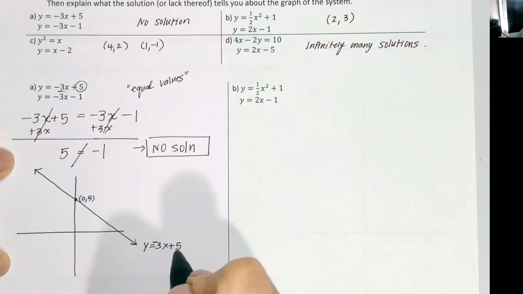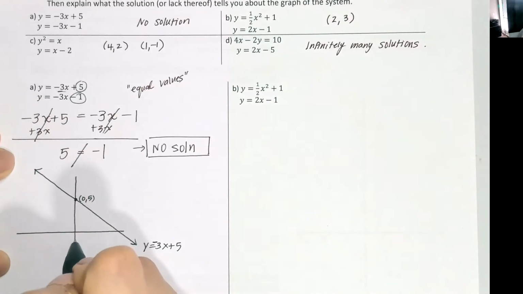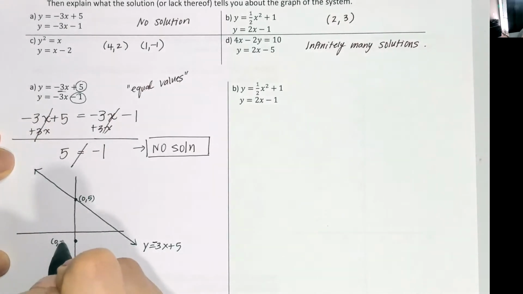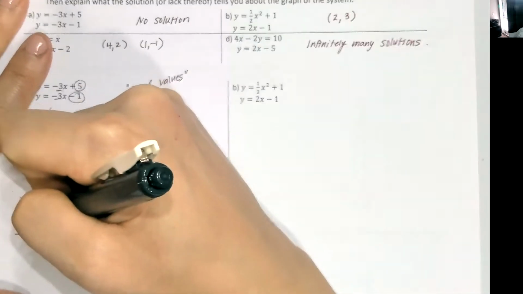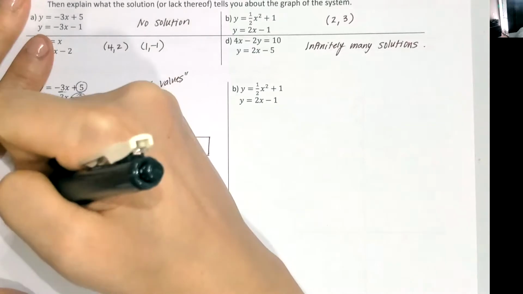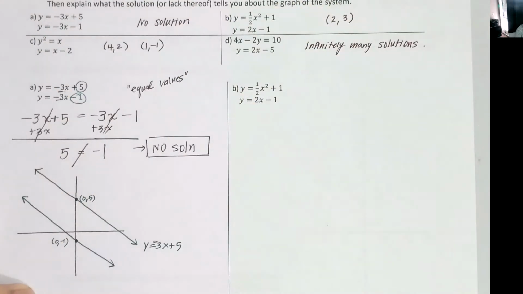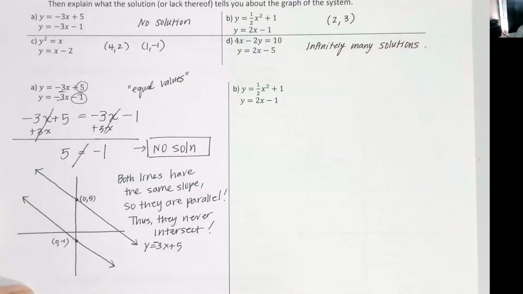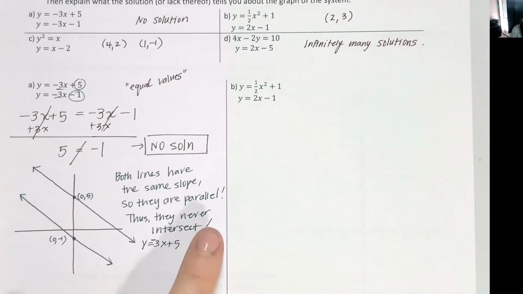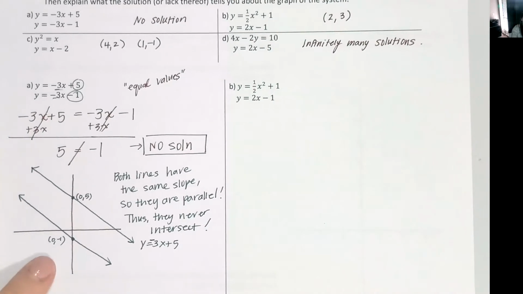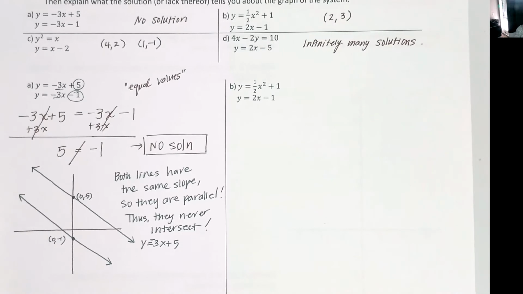The other one has a y-intercept of negative 1 and also has the same slope of negative 3. Same slope means both lines are going to be parallel and they will never intersect. So I have explained that they are the same slope and thus they are parallel and never intersect. Therefore, no point of intersection, no solution.